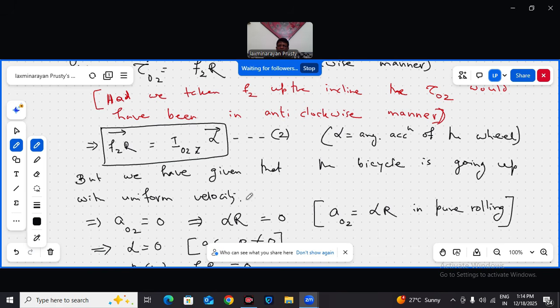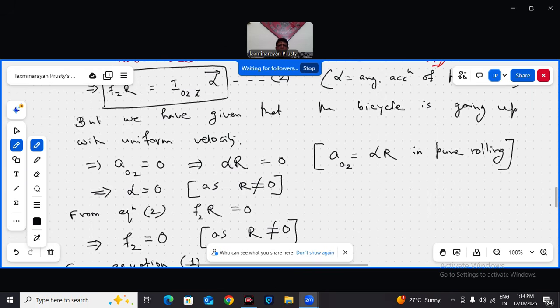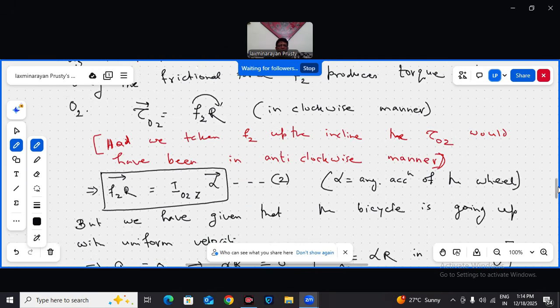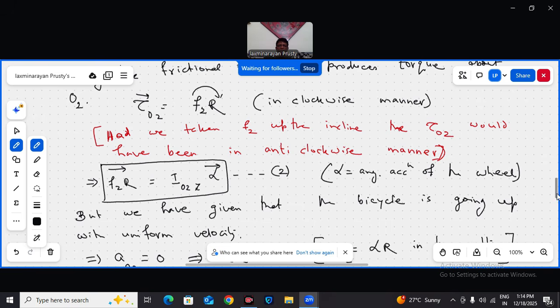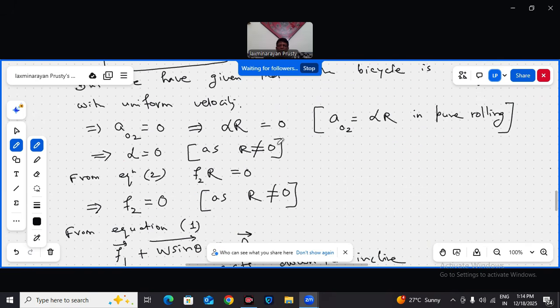Yes or no? So what is the acceleration of the wheel center? A_O2 will be 0. It is moving with uniform velocity. If A_O2 is 0, then alpha R must be 0, because A_O2 is alpha R in the pure rolling condition. Alpha is the angular acceleration of the wheel. Then, since R is not 0, alpha must be 0.